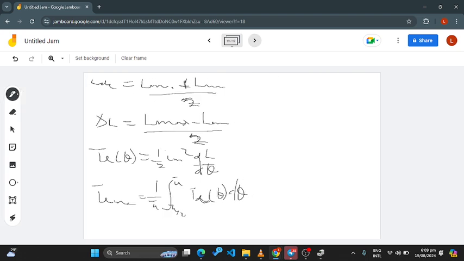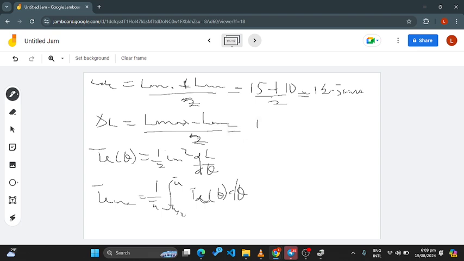Okay, so LDC will be equal to 15 millihenries plus 10 millihenries, all divided by 2. And that should give me 12.5 millihenries.